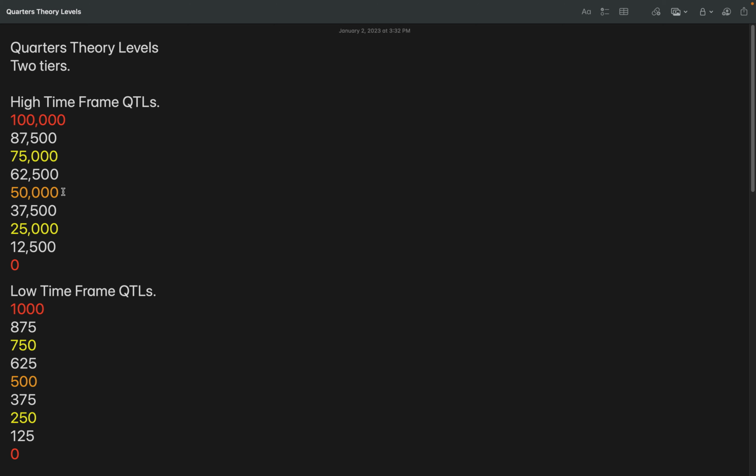In between we have 50,000, 25,000, 75,000, and then in between here, and here, and here. So what this is, is just taking 100,000 and dividing it in half, and then dividing 50,000 in half right here, and then dividing 25,000 in half here. Same thing here, 1,000, 500, 250, 125.